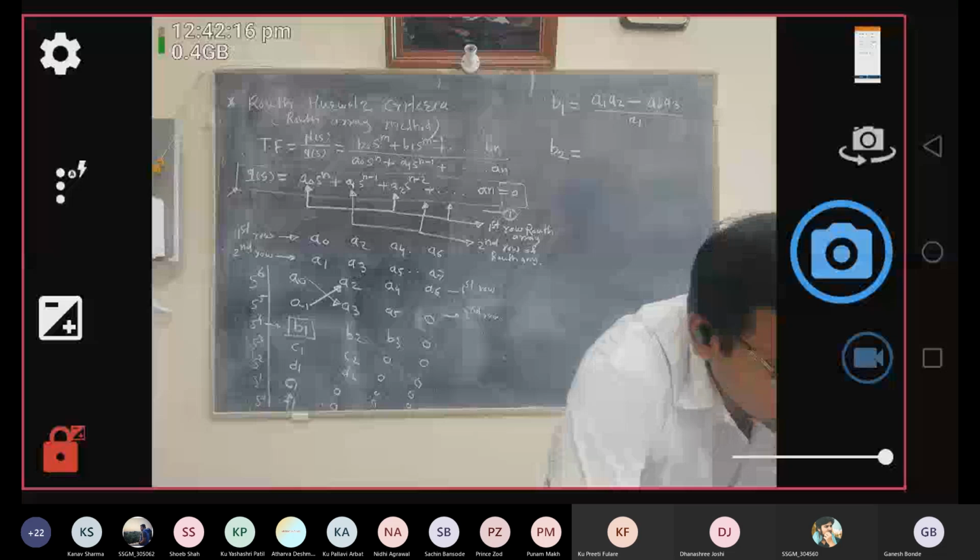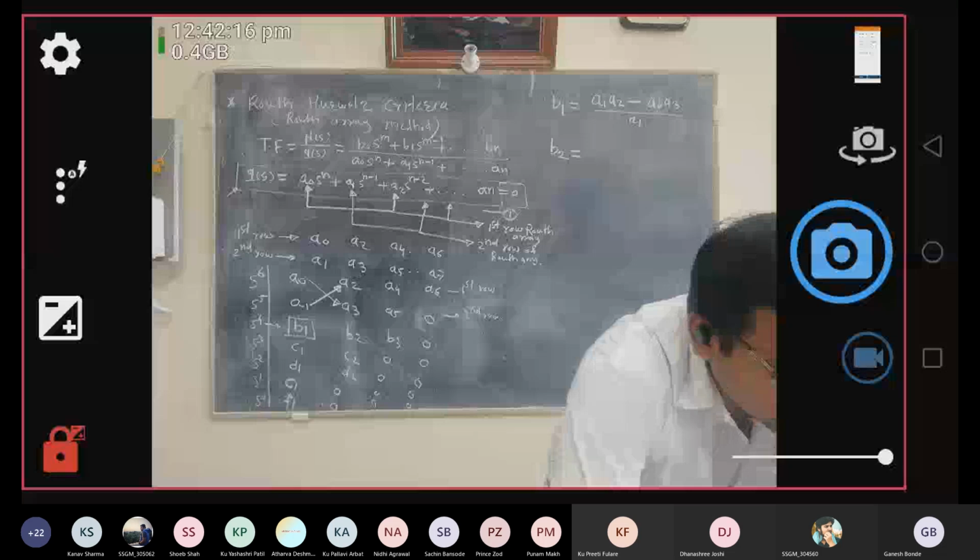B1. उसके अपर वाला जो भी रो रहेगा वो, तो B1 into A3. तो नेक्स्ट आएगा आपका B1 into A3 माइनस A1 into B2. A1 into B2 डिवाइडेड बाय बेस रहेगा आपका B1. ये हो गया आपका C1.